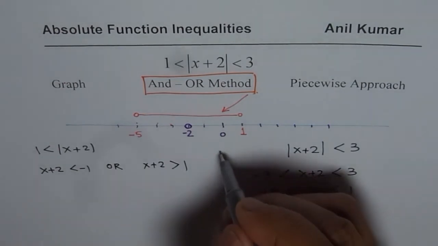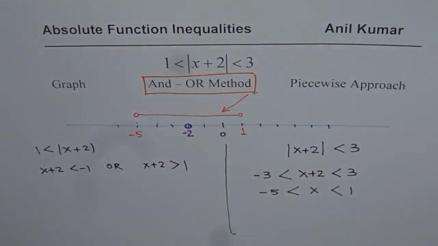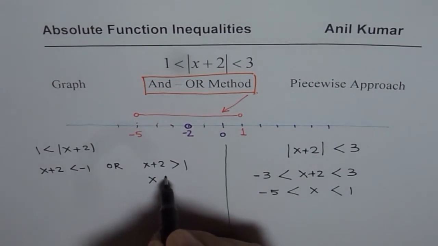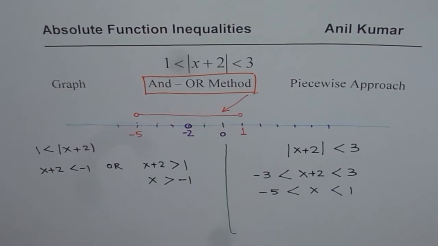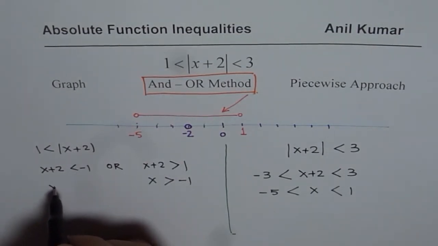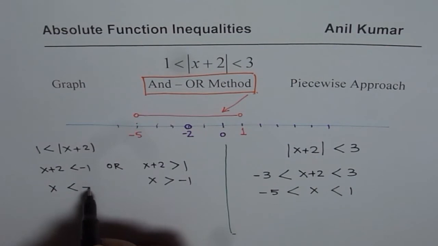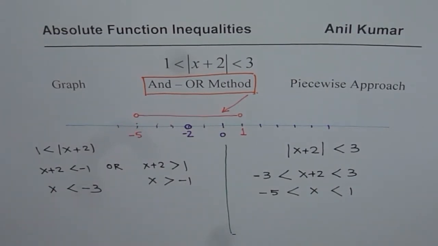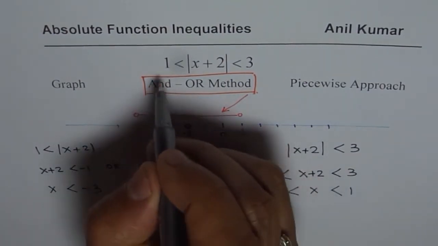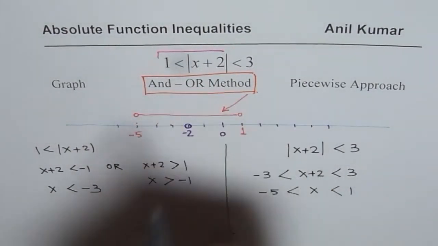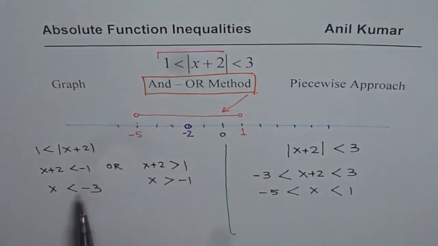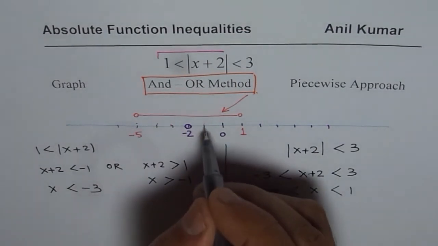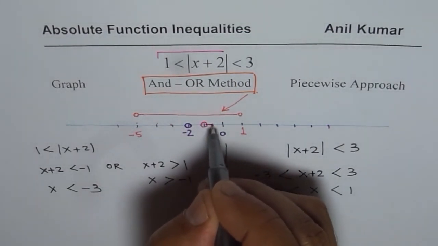So let me draw a line in between and then we will solve it. So that means x is greater than, if you take 2 on this side, it becomes minus 2, so you get minus 1. And in this case, if you take 2 on this side, minus 2 means minus 3. So this really means that for the left side, when we say absolute function is greater than 1, that means from here, anything beyond this point, do you see that?